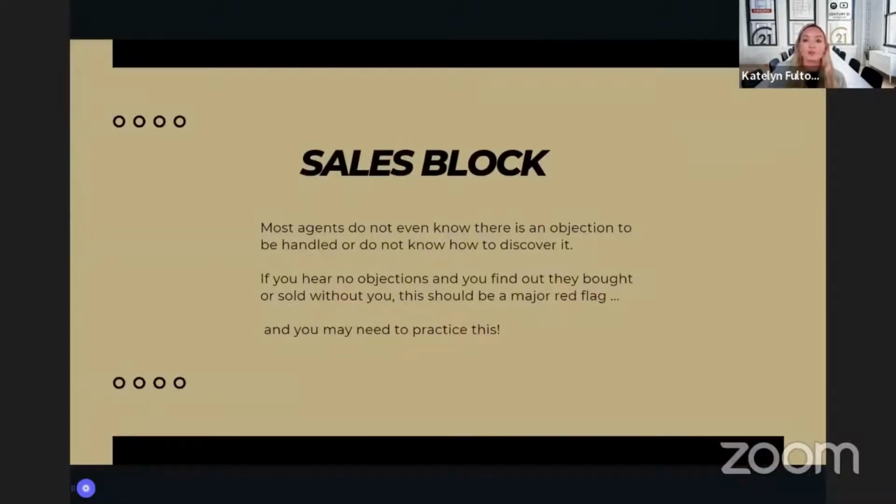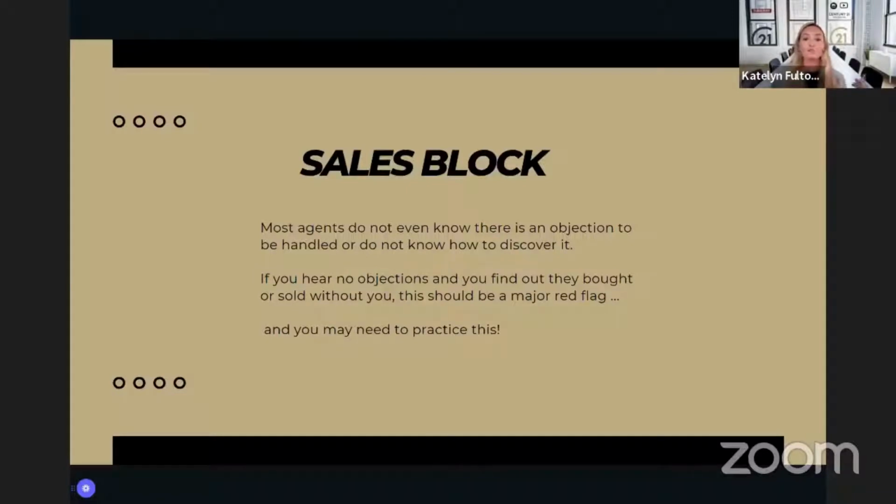So there is a sales block, and probably especially in this type of market, especially for new agents, you're going to have a little bit of a sales block. Most agents don't even know that there is an objection to be handled, and don't even know how to discover the objection.